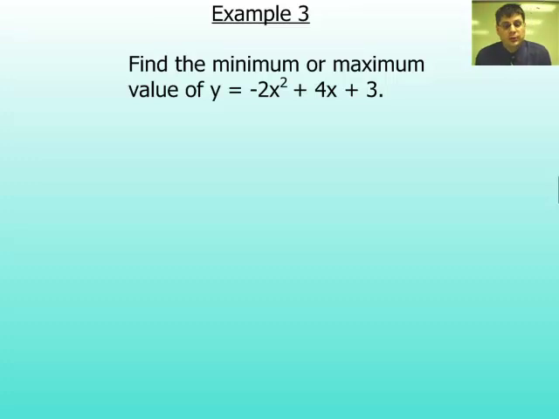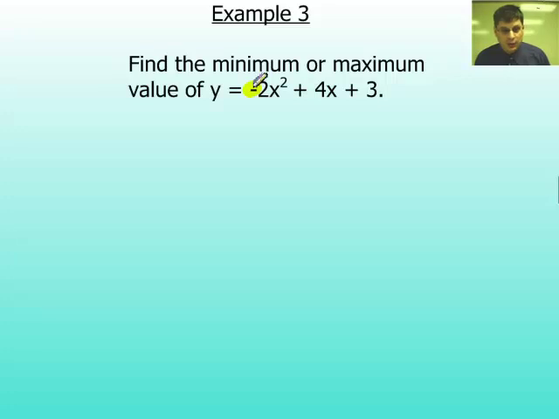One way would be to find the axis of symmetry and then find the y value, just like we did with the last equation, that would give us the vertex. Because the a is negative, it's going to be a maximum, opening downward.